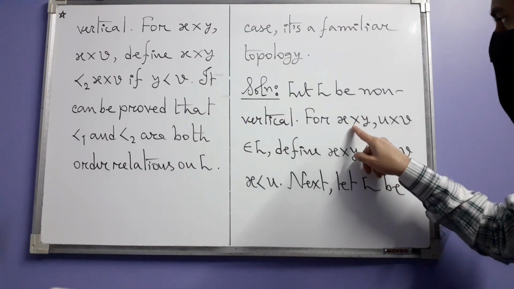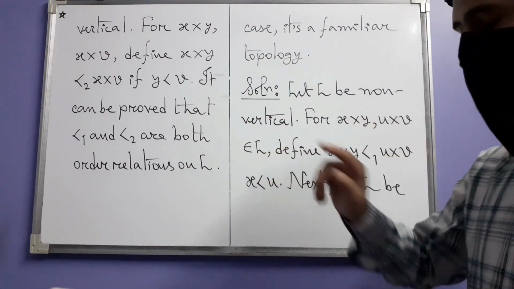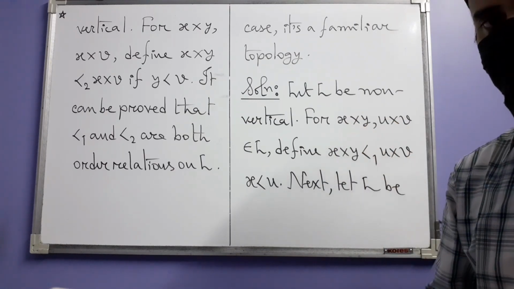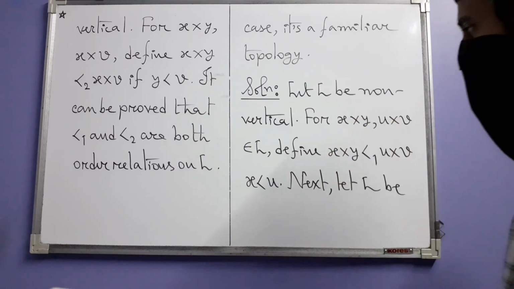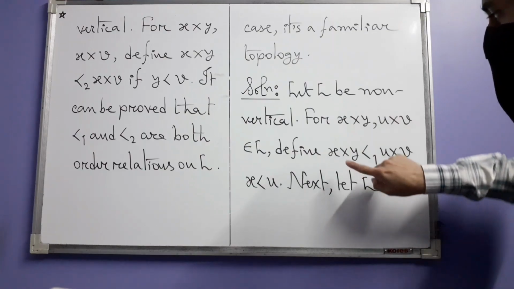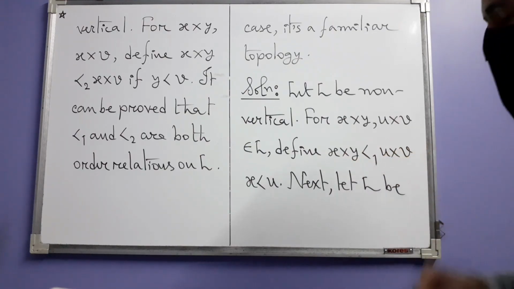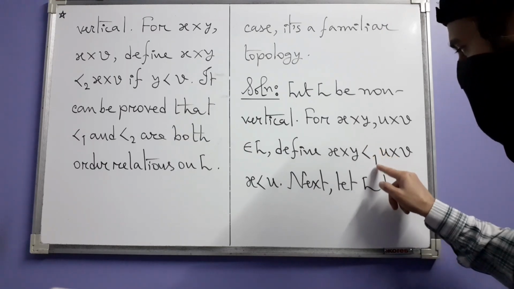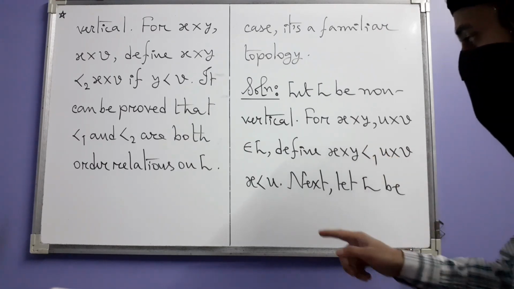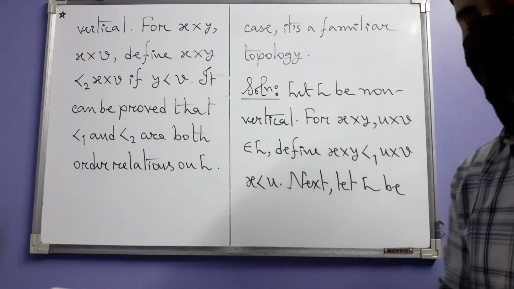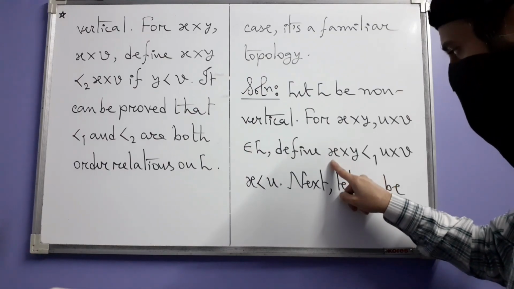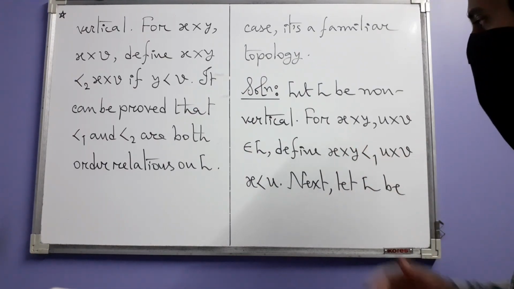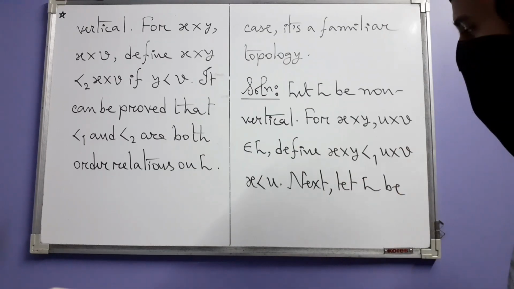Then for two points (x, y) and (u, v) in L, we define (x, y) to be less than (u, v), and we name this less than 1, if x is less than u, that is, if the x coordinate of the first point is less than the x coordinate of the other point. That is one relation.